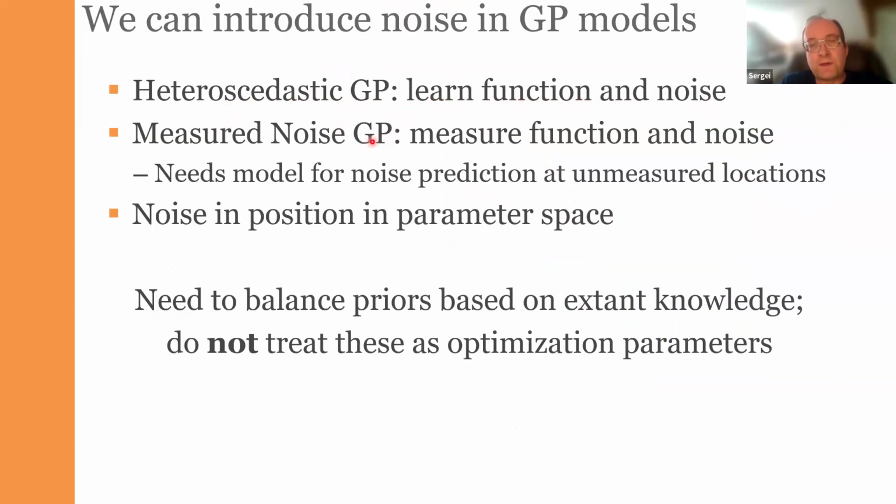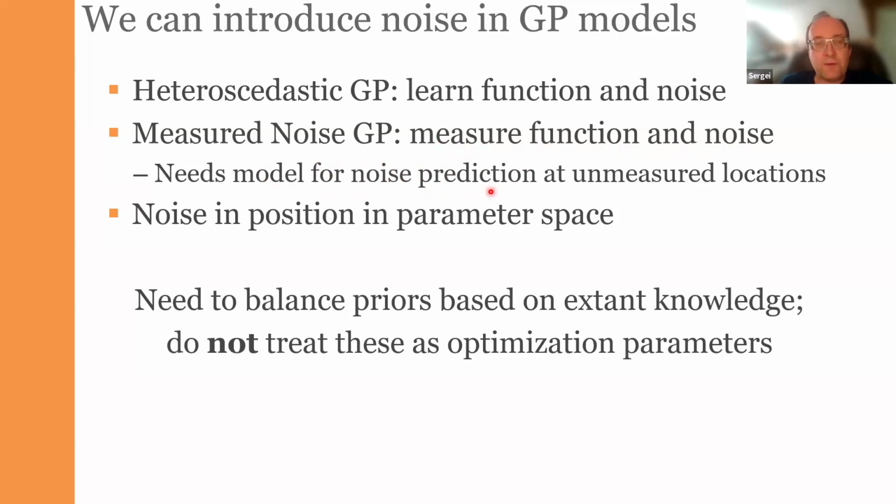The measured noise Gaussian process allows us to work in scenarios where we can measure the function and its noise at the same time. Notice that if we do that, we will need a model for predicting the noise at the unmeasured locations. The GPax implementation I've shown does it either through a general Gaussian process or through a linear model, but in principle, the noise model can be anything.